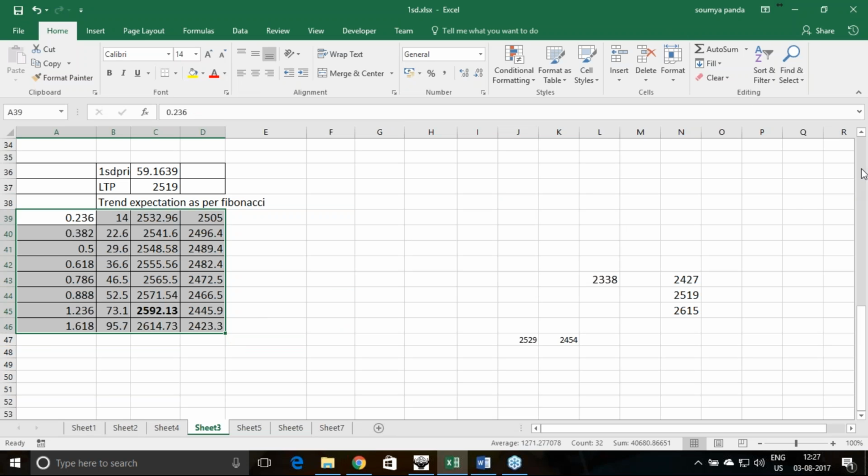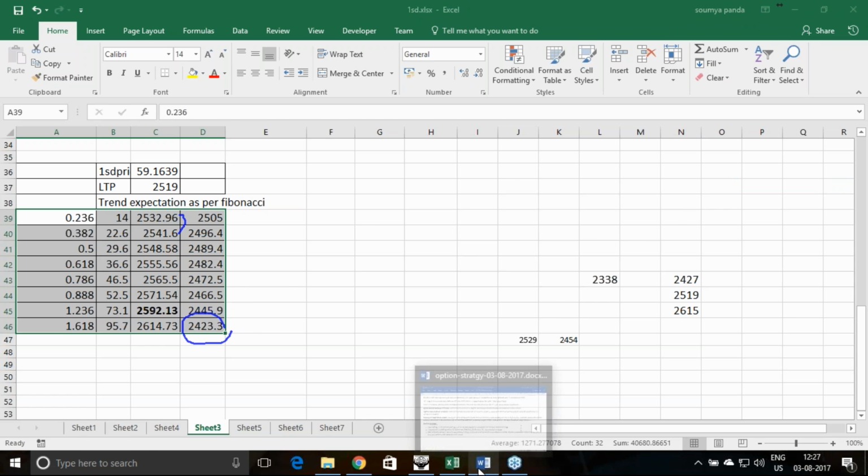So my view, as per this 3rd cycle view, is that whenever the price moves above 2542, the trend will change and I'll change my view towards the uptrend. As long as it is below this, I'll be in the downtrend, and in the downtrend I am expecting the 2423 level to come.